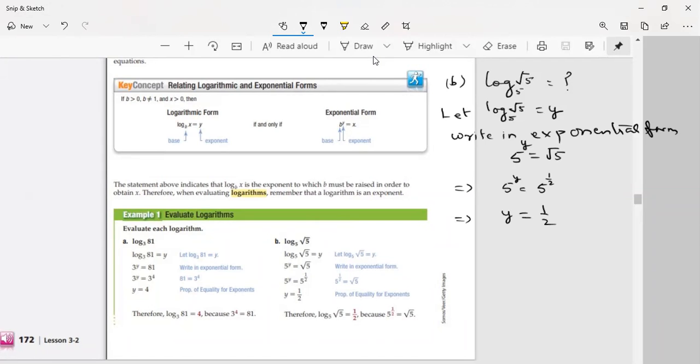So y was the value of this log we considered. We supposed the value of this is y, and y has got 1 by 2. So therefore, the given log root 5 to the base 5 is equal to 1 by 2. Answer. So like this, we can find the value of any log.